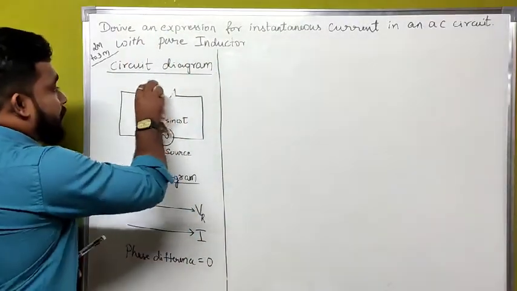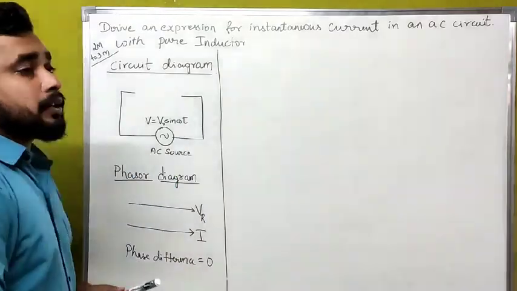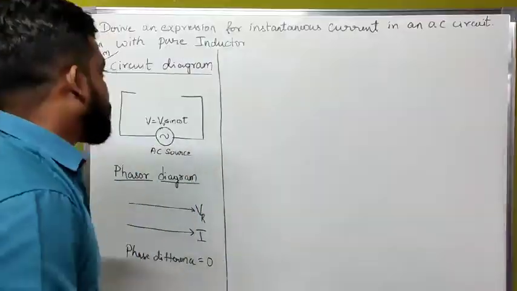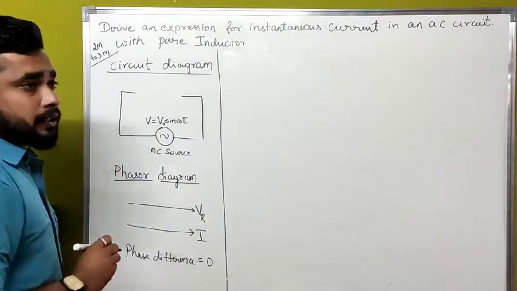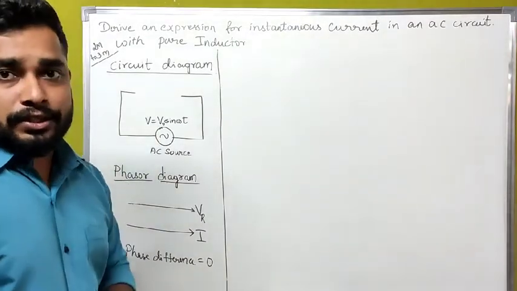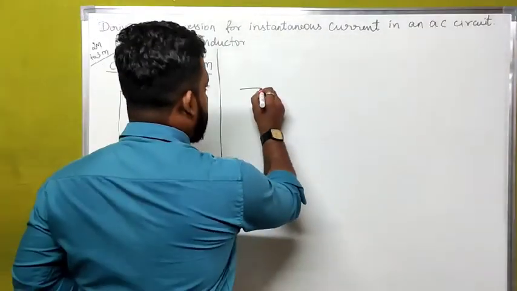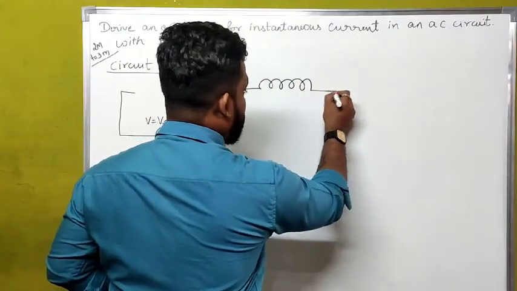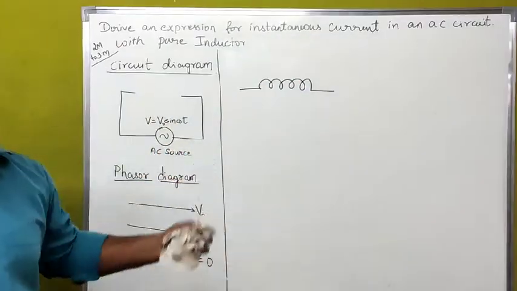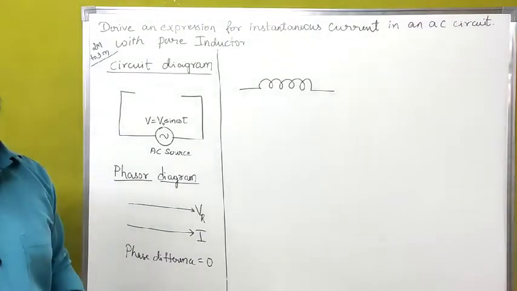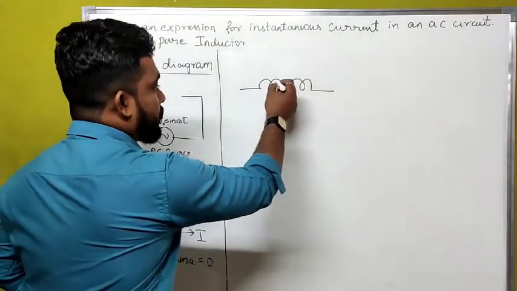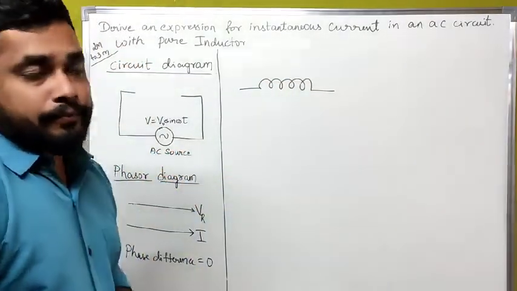Instead of a resistor in this particular derivation, I am going to consider an inductor. We know that the general symbol of an inductor will be like this. It will be like a spring or spiral spring.